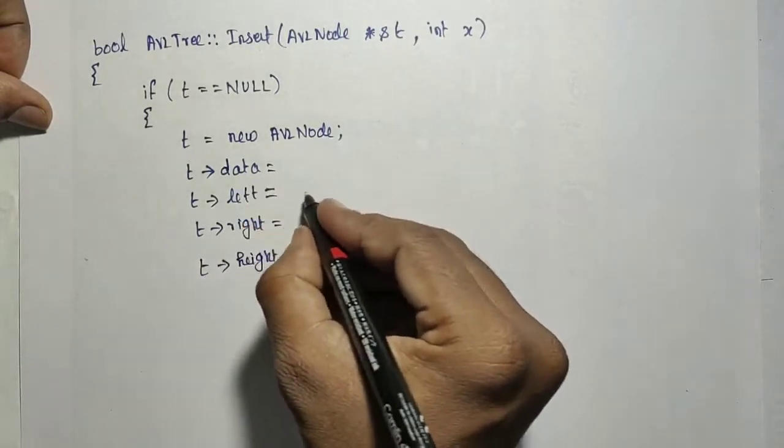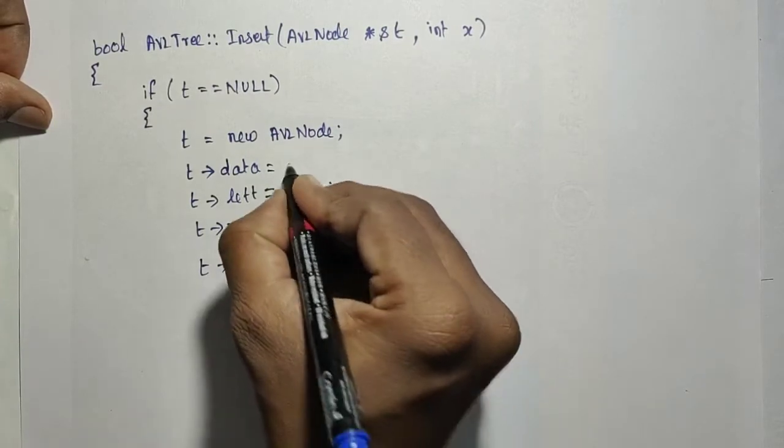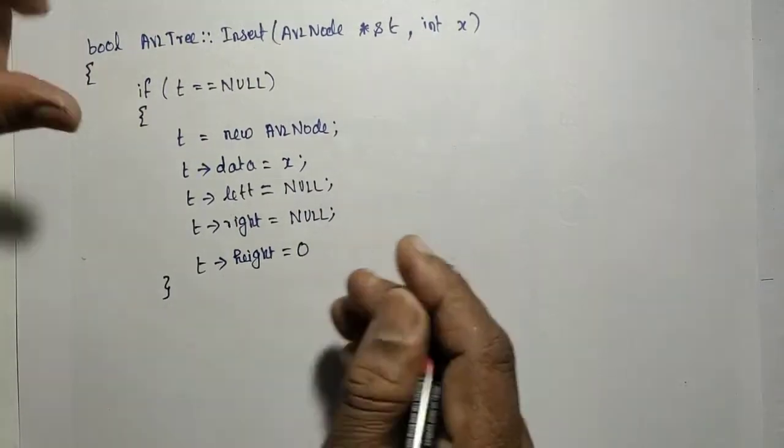So the left equal to null, and right equal to null, and data equal to x, and height will be the 0 because this is a new node, so this is a leaf node.